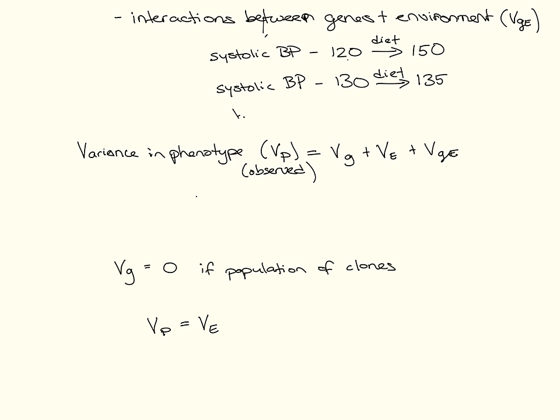Since there is no variance in genotype, we don't have to consider the genetic environment interaction. Similarly, if we were able to grow our population in a completely identical homogeneous environment, then we could say the variance due to the environment would be 0.